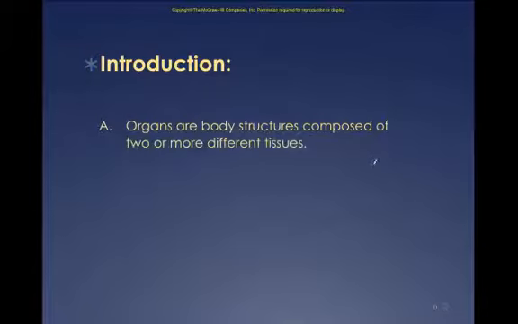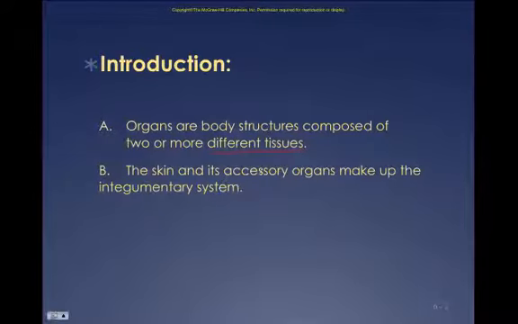Just as a reminder, organs are body structures that are composed of 2 or more different types of tissues. So today we're going to talk about some of the different organs that make up the integumentary organ system, and the different types of tissues that make up each of those organs. We'll talk about the skin as part of the integumentary system, and some of the accessory organs that help to make up the integumentary system.